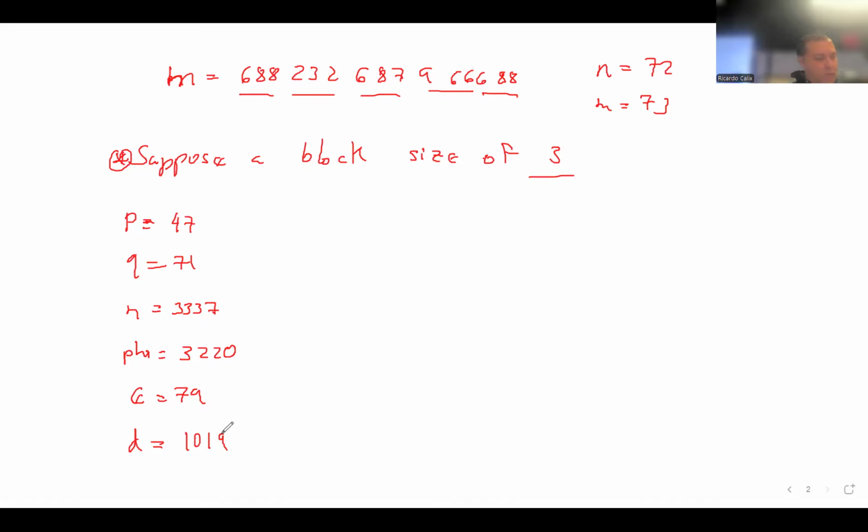Okay. So once you have these parameters, who can tell me what the public key is actually? What would be the public key here? 79 and then what? 1019. Oh no. If you do that, you have made your private key. 337. It's 337, yes.